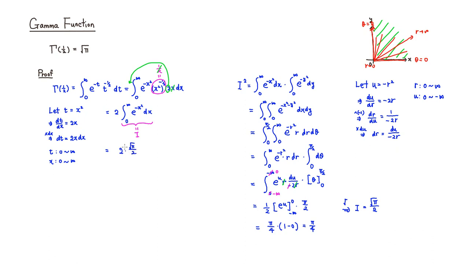So we can cancel 2 on top and 2 on the bottom, and we end up with square root of pi. So that verifies this equation: gamma of 1/2 is equal to square root of pi. All right, that's it. I hope that this was clear.